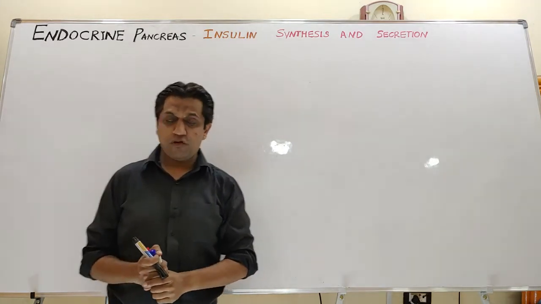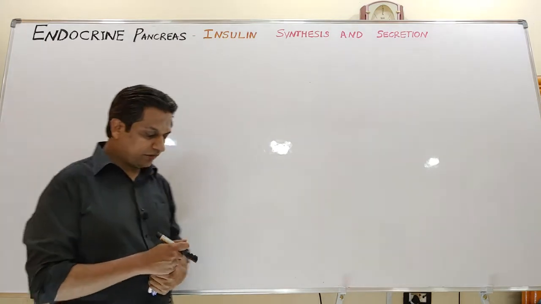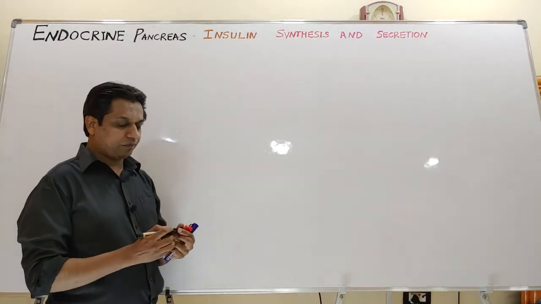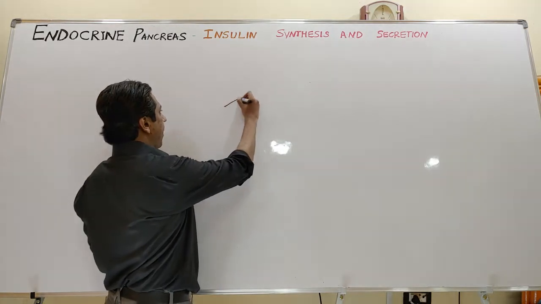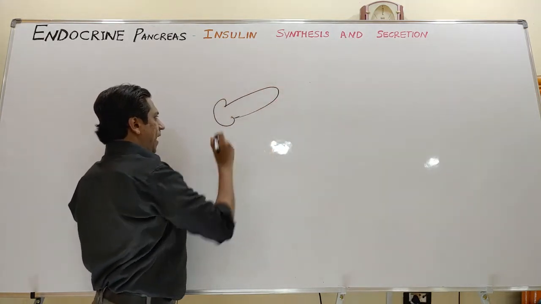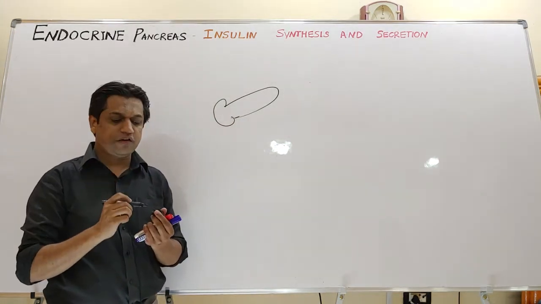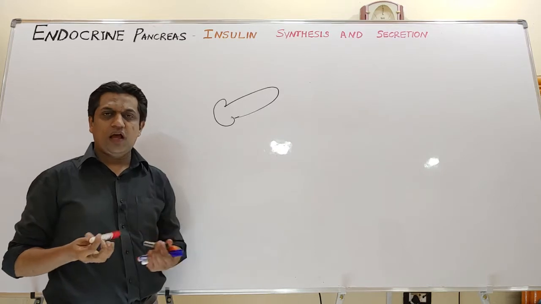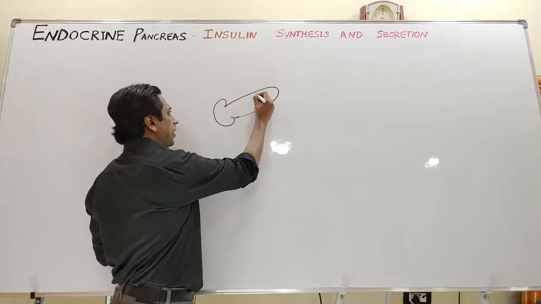Before going into detail about the hormone insulin, let's see where it is secreted. In our abdomen there is one important organ known as the pancreas. This pancreas serves both endocrine as well as exocrine functions. The exocrine function is studied in the gastrointestinal system.